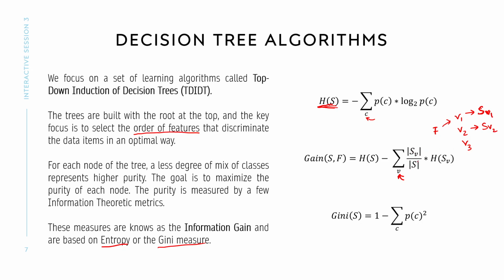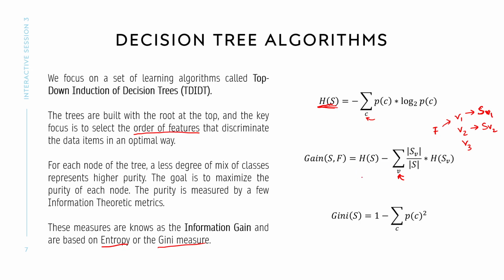We divide it by the number of elements in S, and multiply it by the entropy of SV, right? Entropy of SV is again calculated the same way. So C are all the instances, and we find the probability of CV.